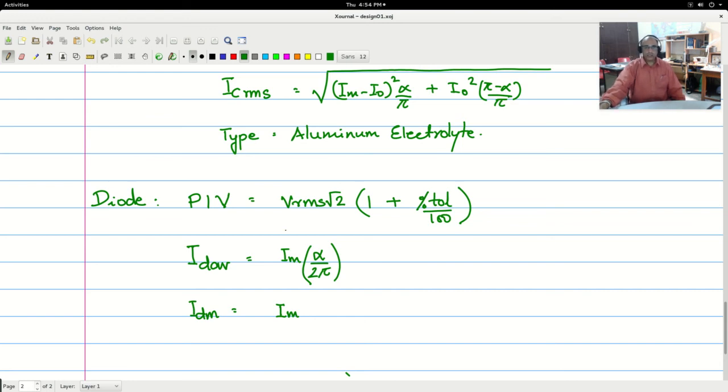So what you can do is that we can put these equations into a script file, so that when you want to do an iterative design, you keep changing the specification and then you keep checking things out, and probably you may not get a particular component and then you may want to change few things. So it is good to put them in a script file, something like Octave or MATLAB.